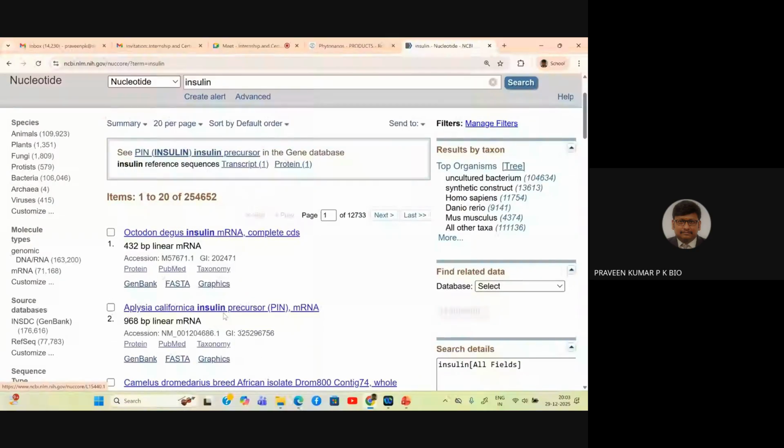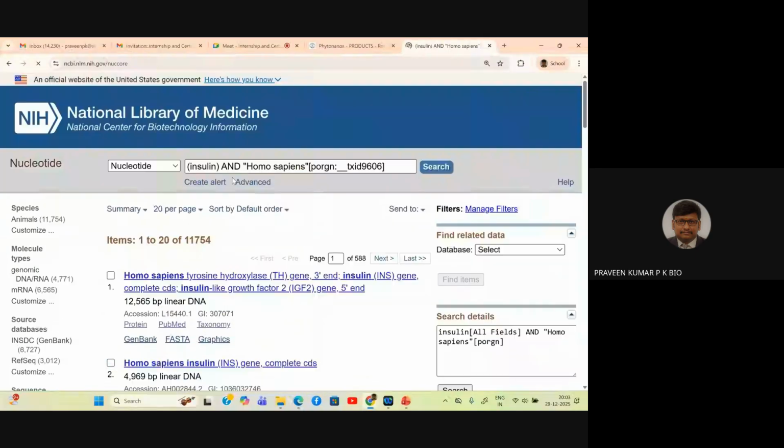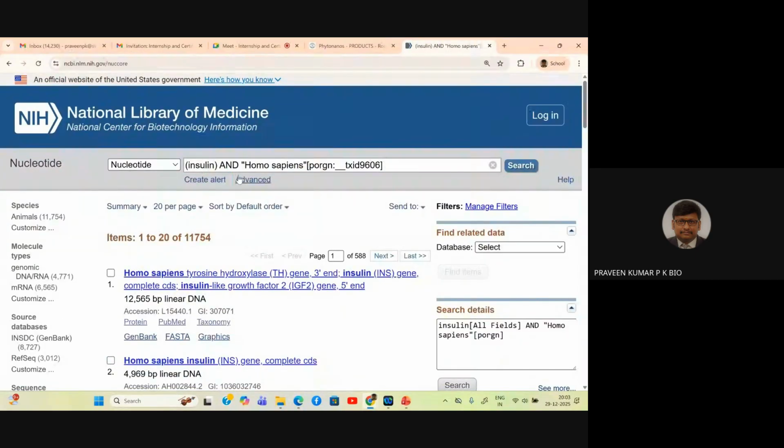These are some of the types of nucleotides, and if you want to focus on a particular species, you can use this database filter. If your primary target is Homo sapiens, around 11,754 sequences are available for insulin.